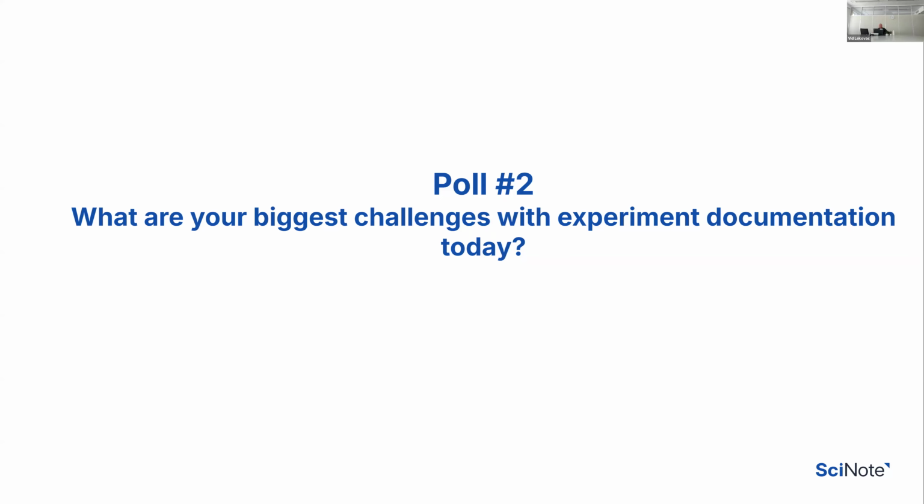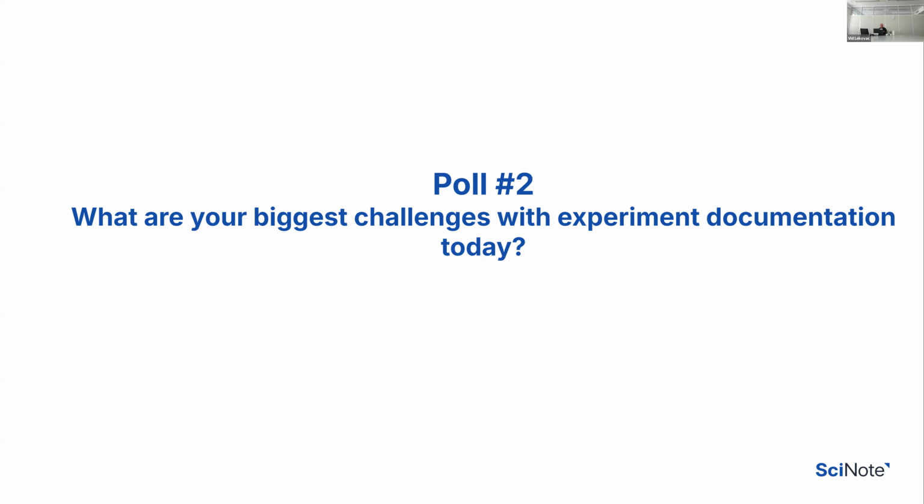Okay, so this looks much different. We have answers all over the place. Similar to the previous research that we found, too much time spent on documentation is currently leading. And then we have hard to find, retrieve, or compare past experiments. So very much hand in hand with what we found when we were doing the research.